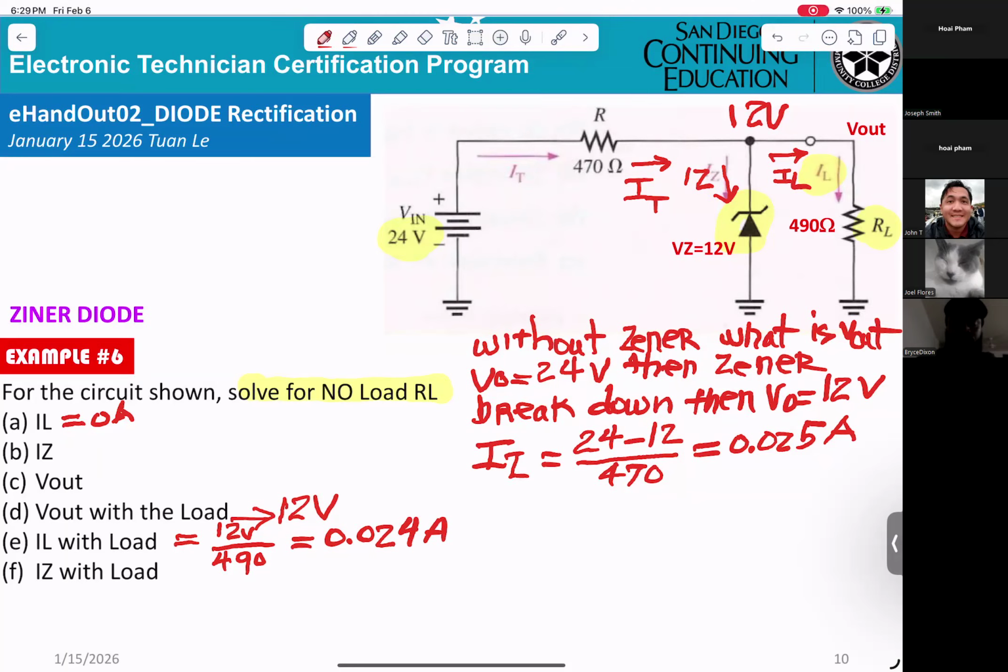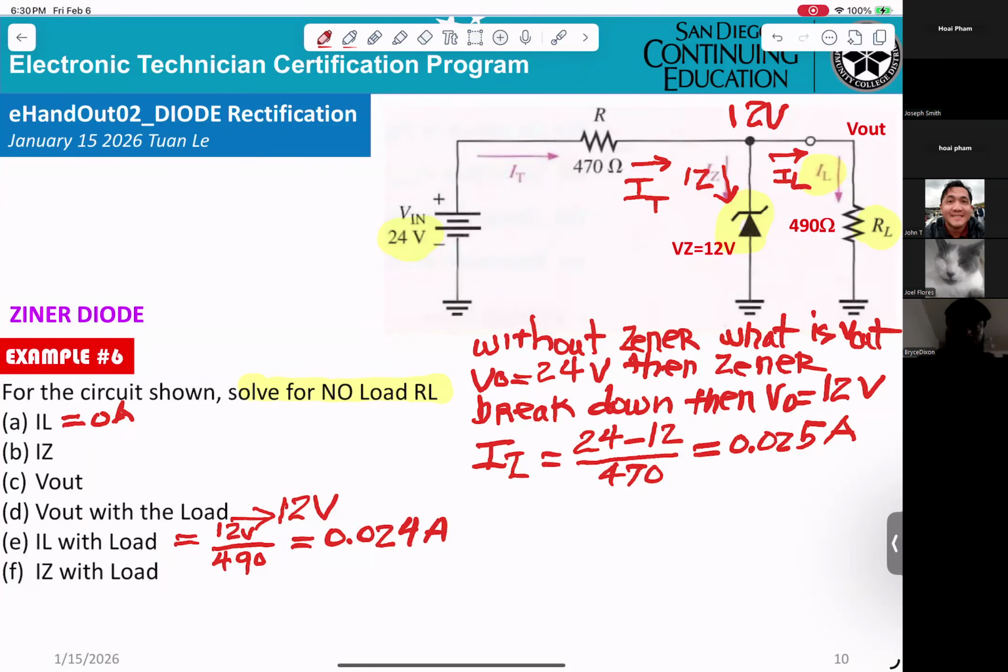And now they want to get the IZ, so the total current. Basically, IL with the load, that means now you get the 12 volt here, you divide by 490.